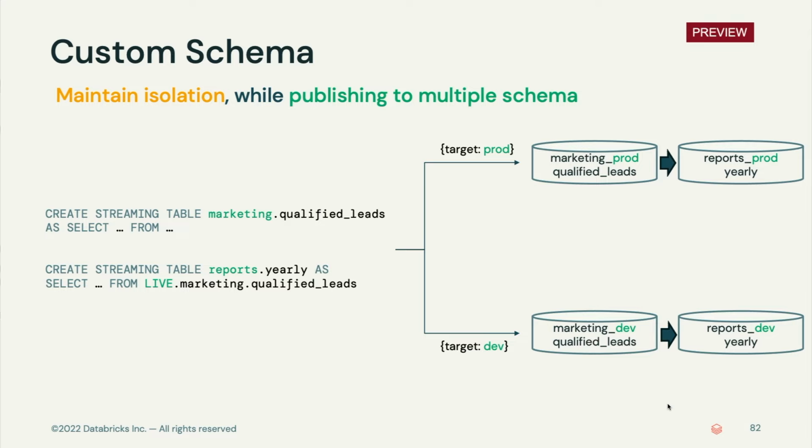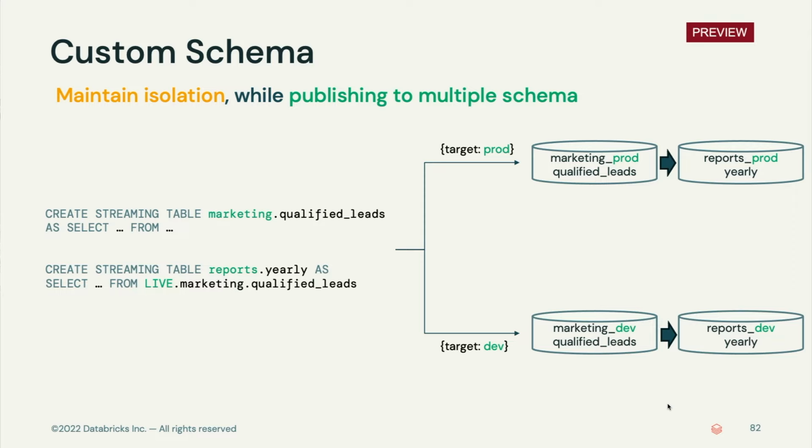This works even when you're publishing into multiple schemas inside of the same database. So this is a feature that just went into preview that I'm really excited about, because tons of people have been asking for it. Let's say I have a pipeline, and I want to publish both to the marketing schema and to the reports schema. Well, now we need to make sure that there are isolated copies of those schemas as well. So what you'll notice is I just say marketing and reports, and then I say live.marketing, .table.